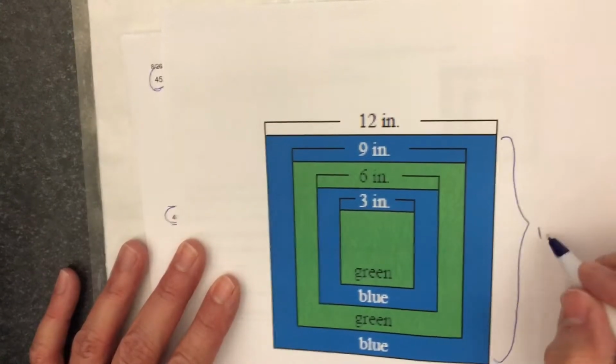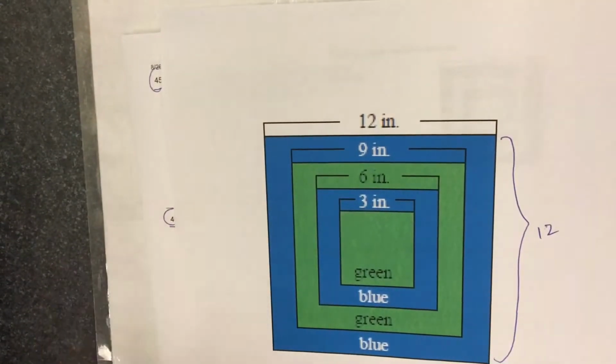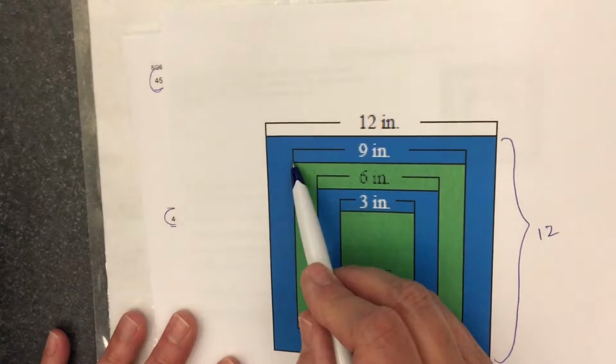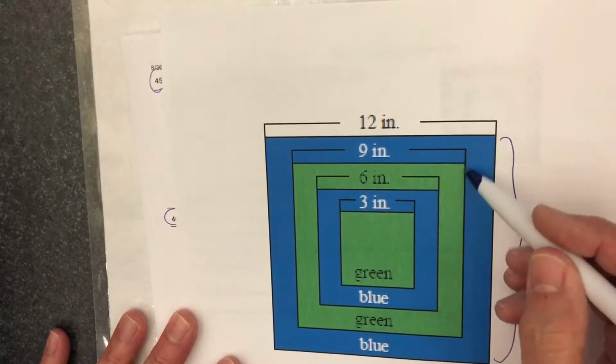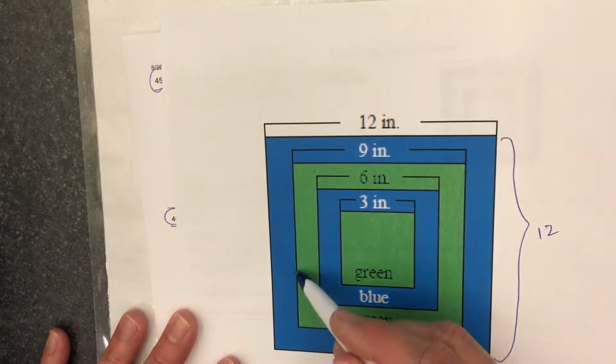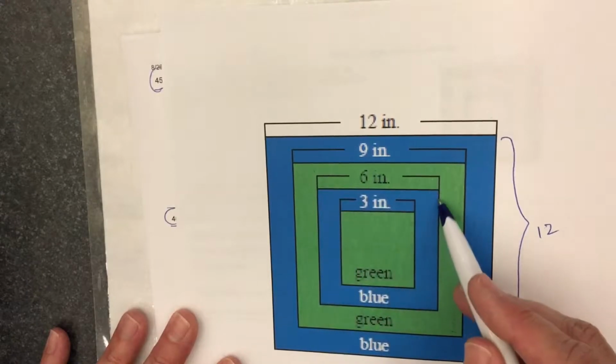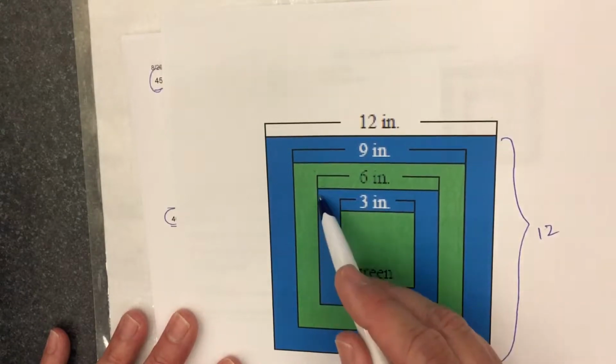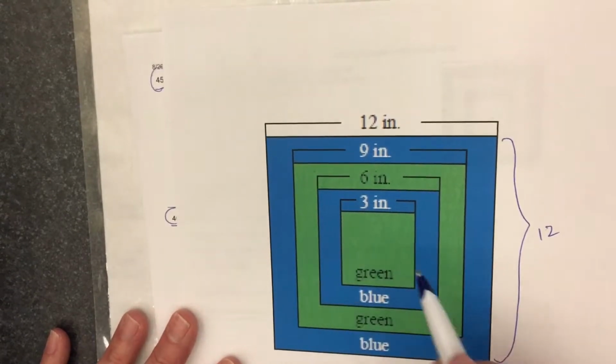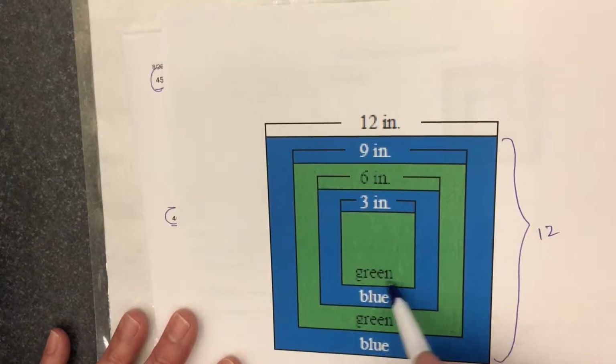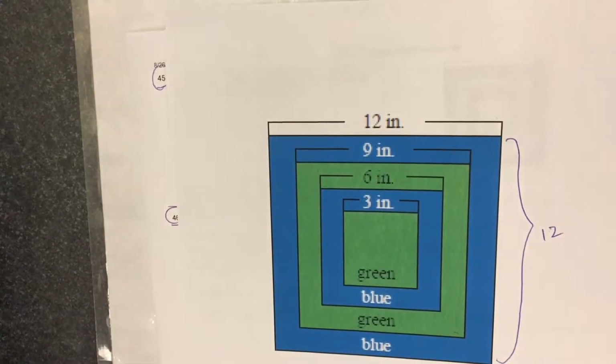I'll call it the blue frame, 12 by 12. And then the 9 inches, that's the outside part of the green frame. The 6 inches is the outside part of that blue frame in the middle. And then the 3 inches is the little green square in the middle.